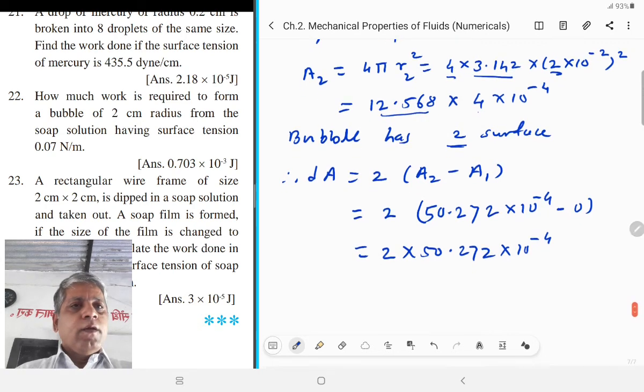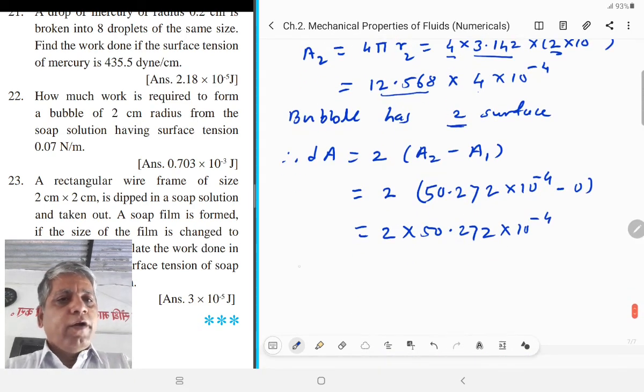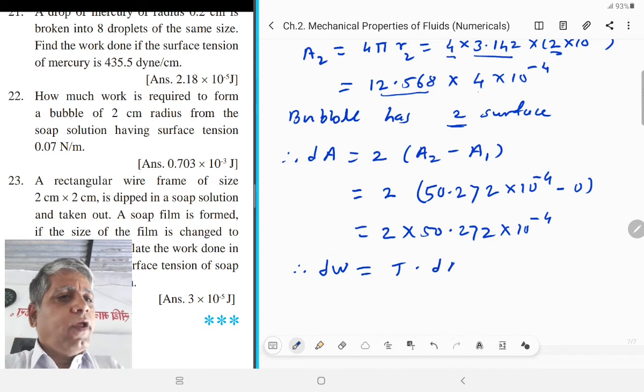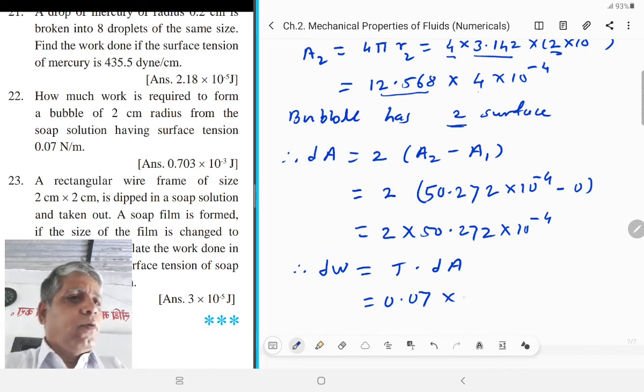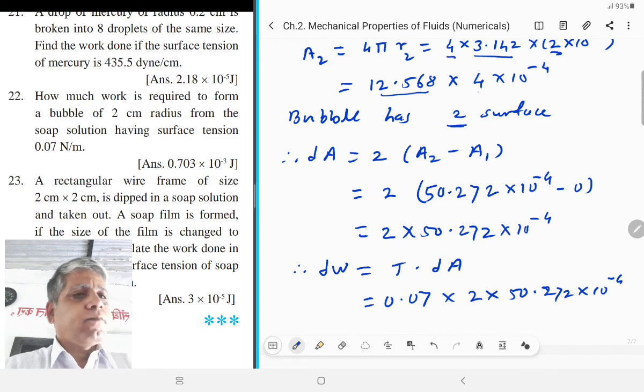Therefore the work done to form a bubble is dW equal to T into dA, that is equal to 0.07 into 2 into 50.272 into 10 raised to minus 4.